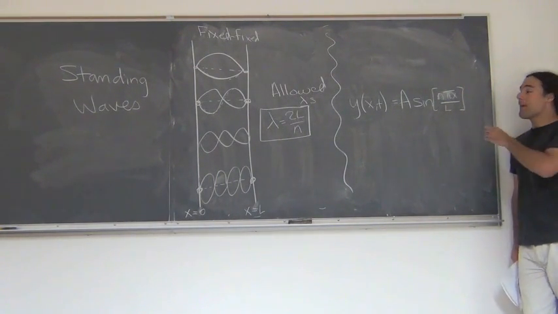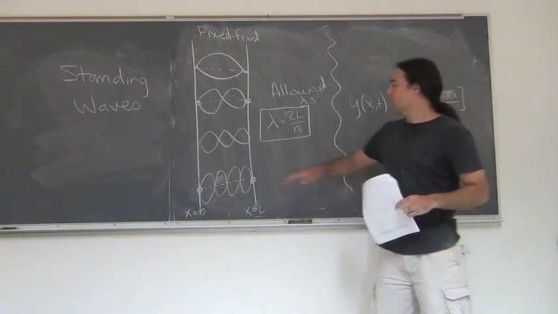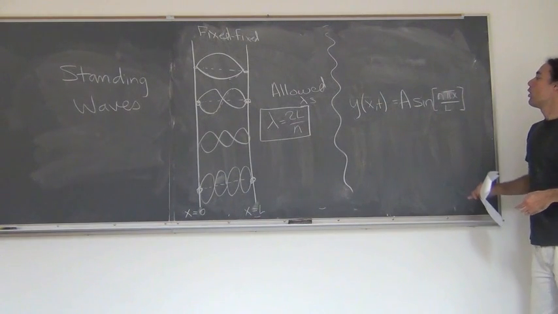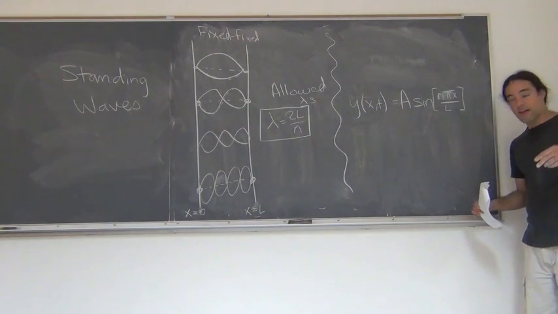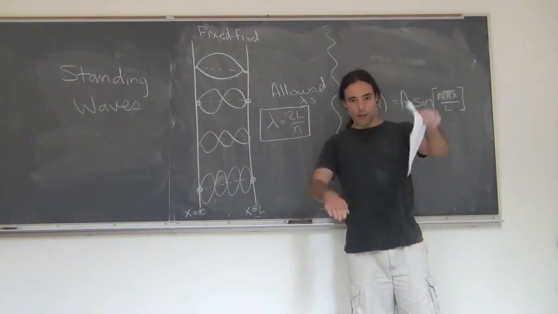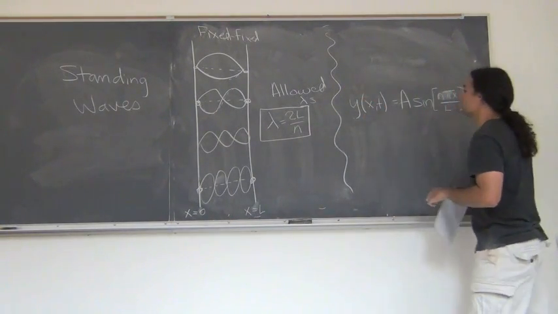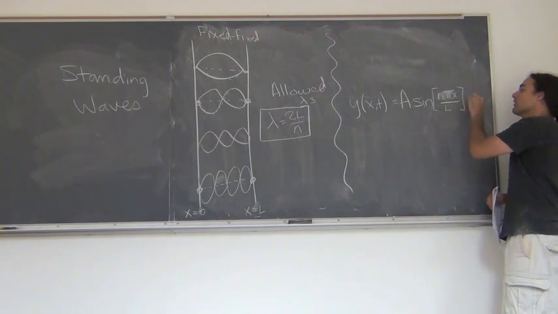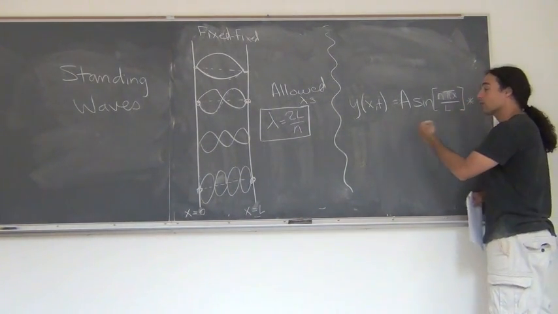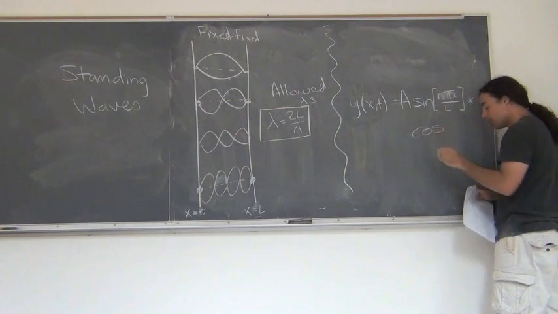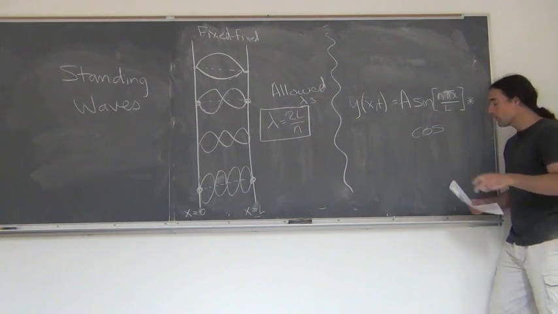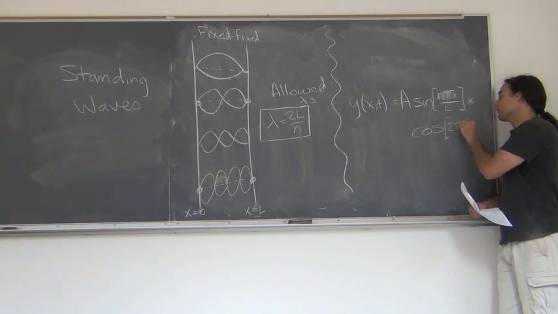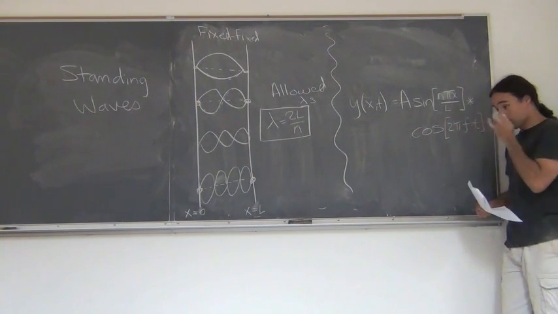Now, this is only the maximum value that this sine wave can trace out. I also have to pay attention to the fact that these waves are not stationary, they're going up and down, they're oscillating constantly. So to do that, I need some frequency. So we're going to say that this is sine of n pi x over L times the cosine of 2 pi times the frequency times the period.